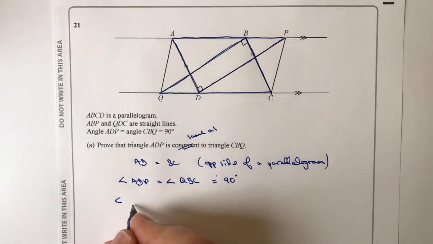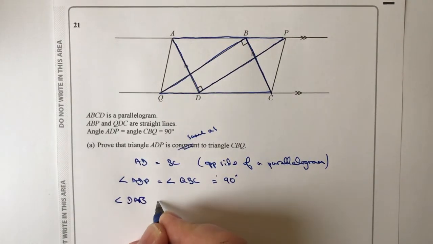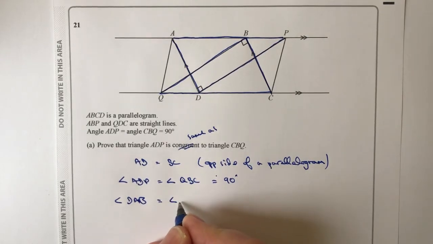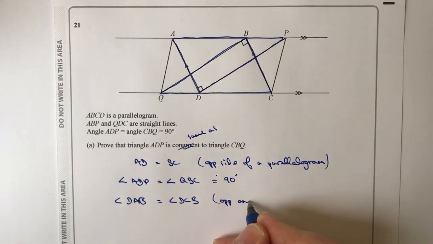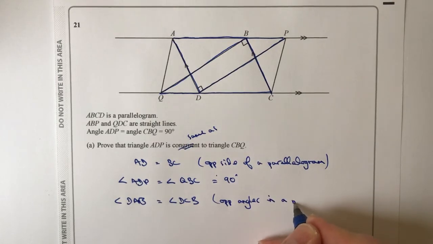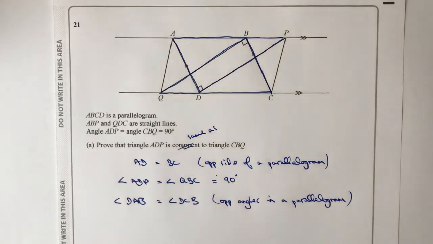So therefore we can say that angle DAB is equal to angle DCB, and that's because they are opposite angles in a parallelogram. Okay, and they are equal to each other in a parallelogram.